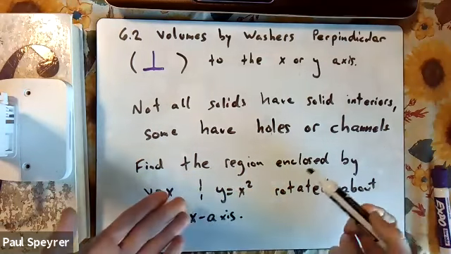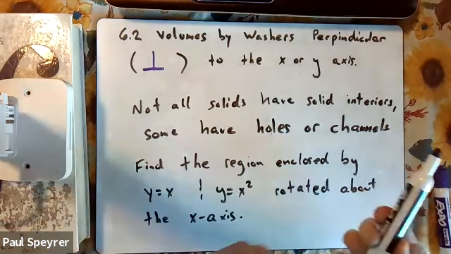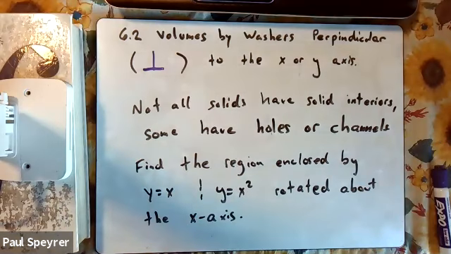This could have also said, find the region enclosed by y equals x and y equals x squared perpendicular to the x-axis. The book will use rotate about the x-axis or perpendicular to the x-axis interchangeably. It just means the same thing.